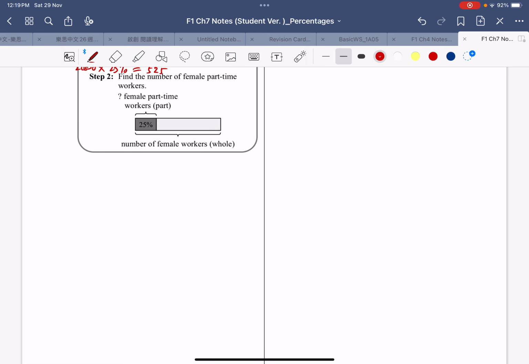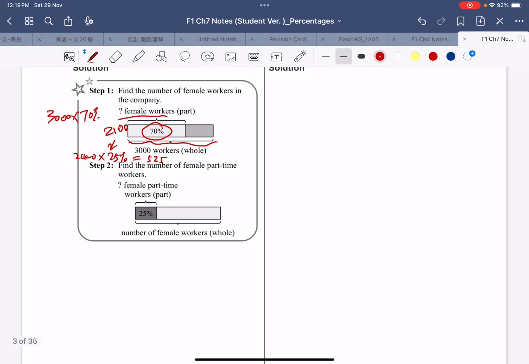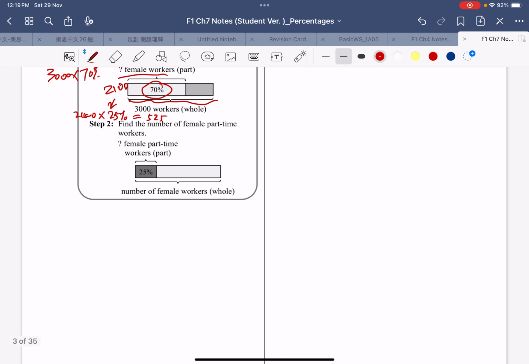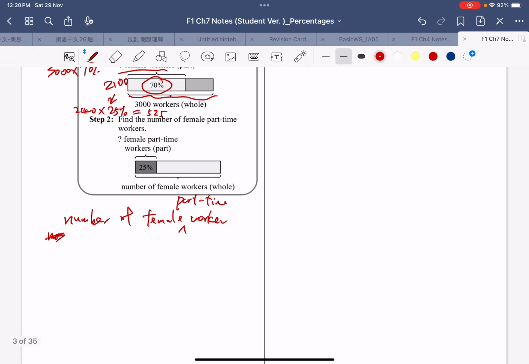Of course, you can write it in a one-step thing if you have the above concept. So you can write it all in one step. Let's try number of part-time female workers equals the whole number, the original 3,000, times 70%.